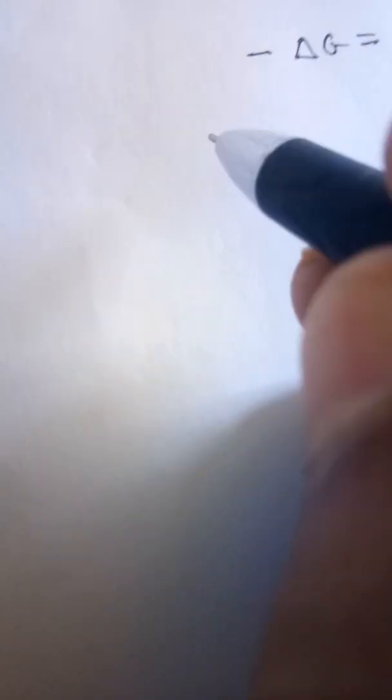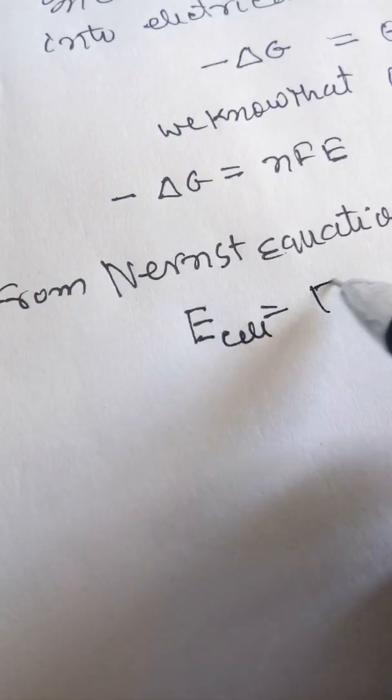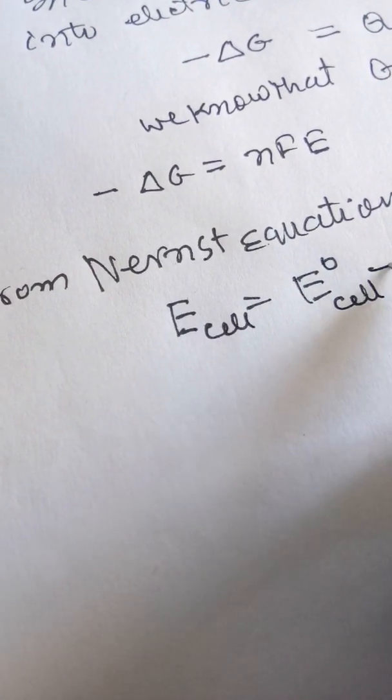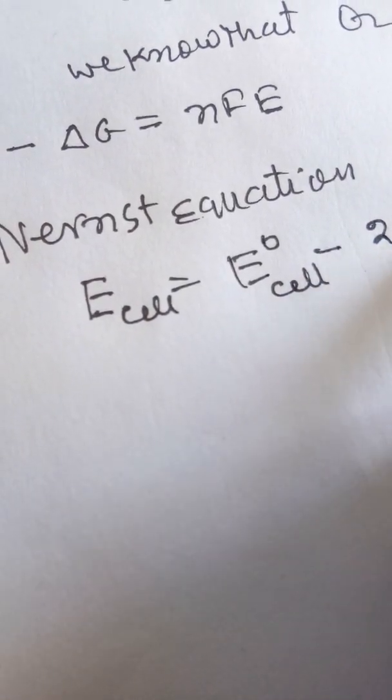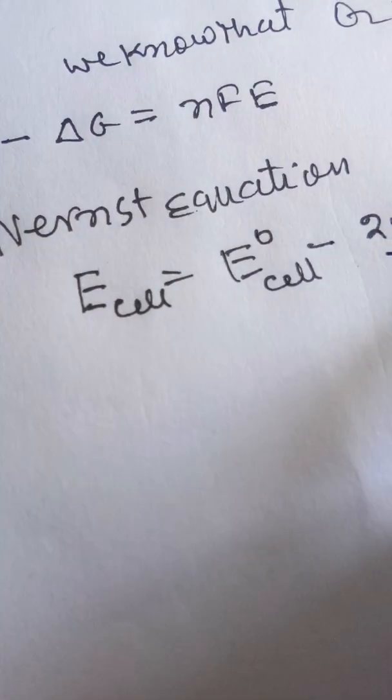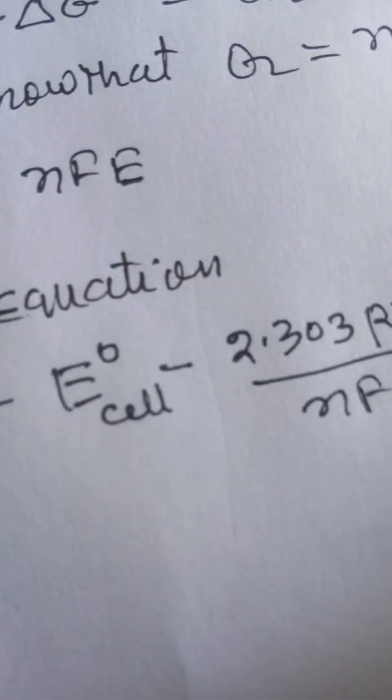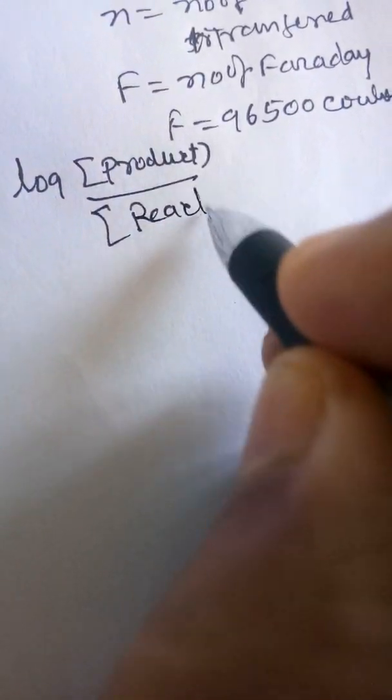So from the Nernst equation, E of the cell is equal to E0 of the cell minus 2.303 RT upon nF log concentration of product divided by concentration of reactant. So this is the Nernst equation.